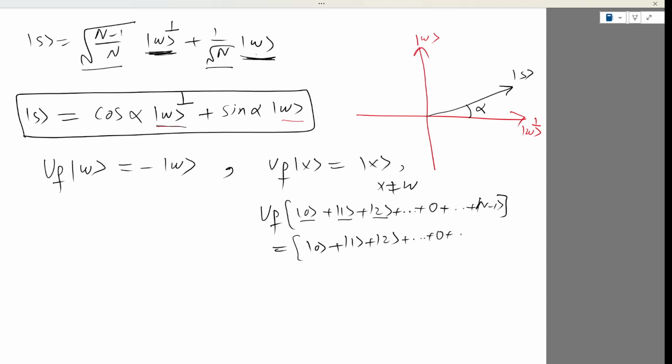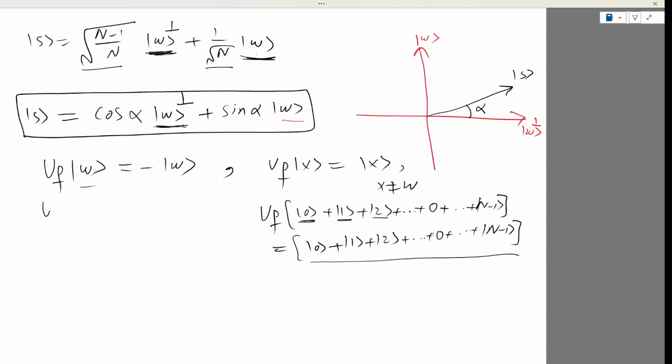So this by definition is an oracle that only puts a minus sign if the input state is the state that is our answer. So this means that W perpendicular is nothing but this sum divided by this constant, square root of n minus 1.